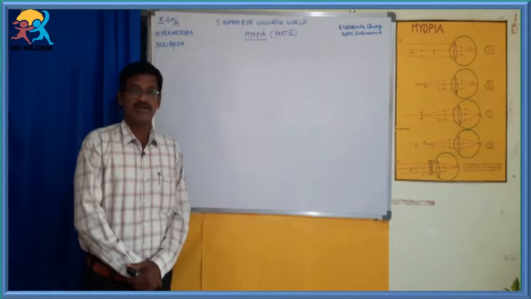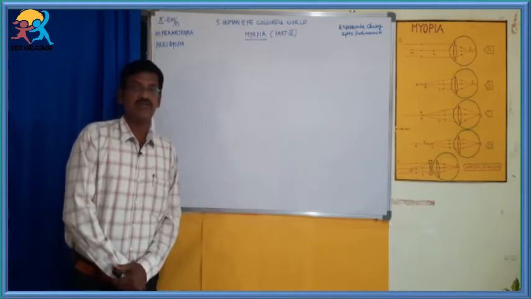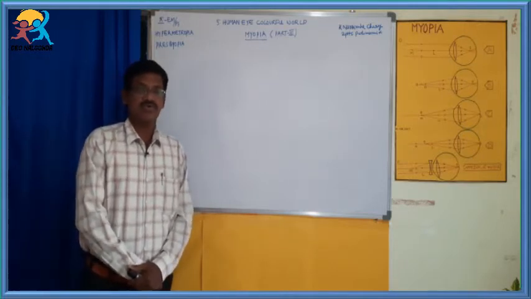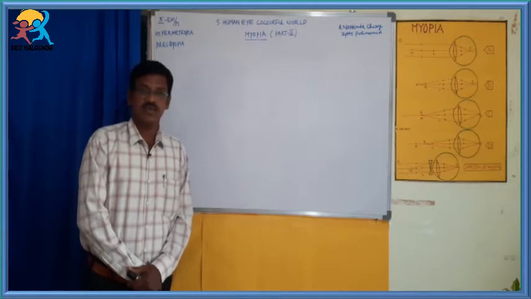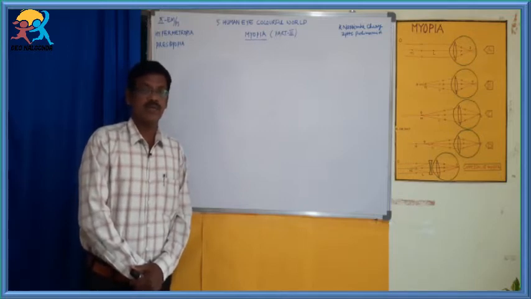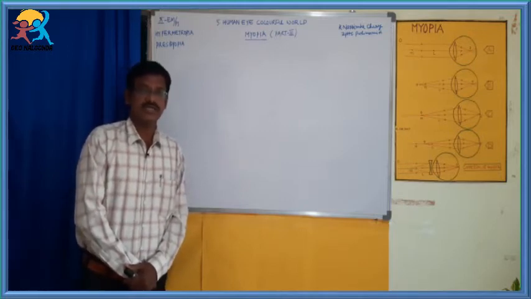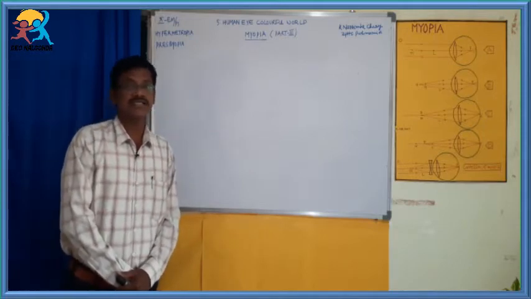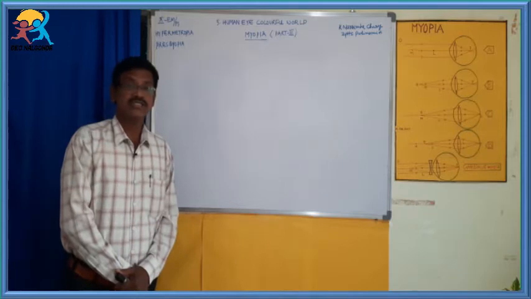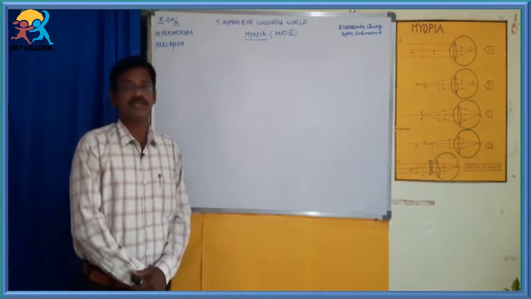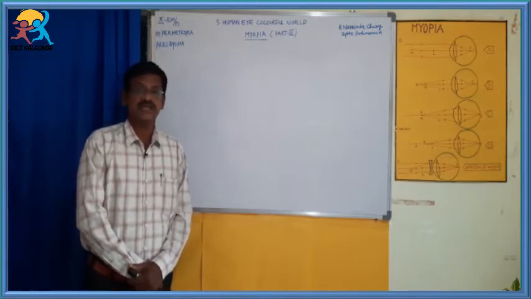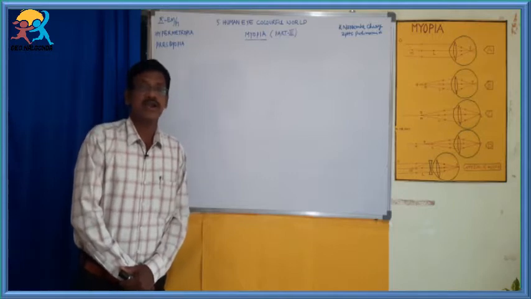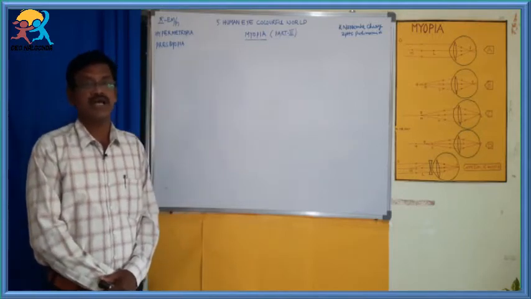From the accommodation of the eye lens, we found that the maximum focal length is 2.5 centimeters and the minimum focal length is 2.7 centimeters. Sometimes the eye lens loses its ability for accommodation. In such conditions, the person cannot see objects clearly.